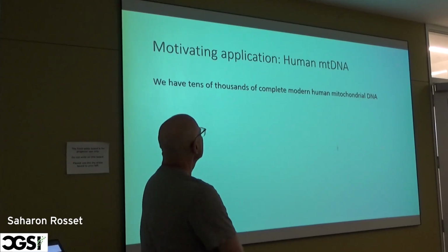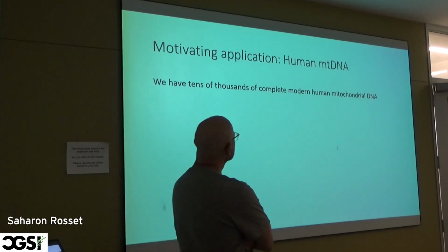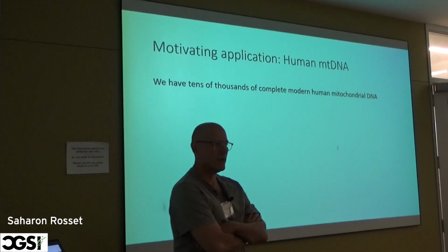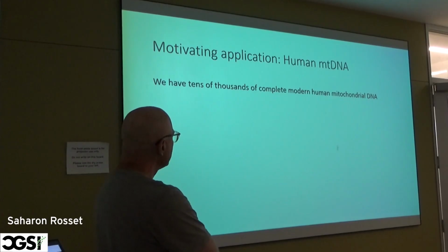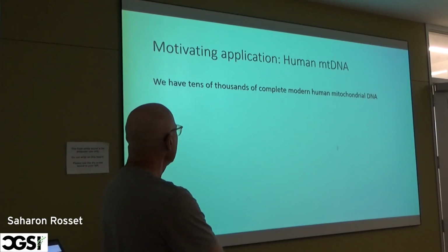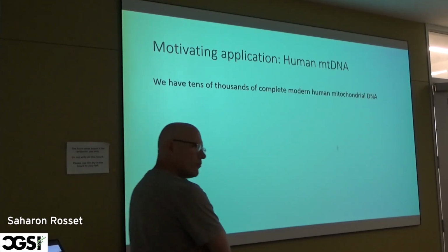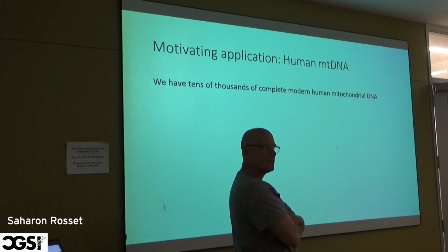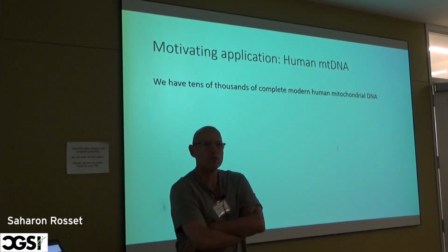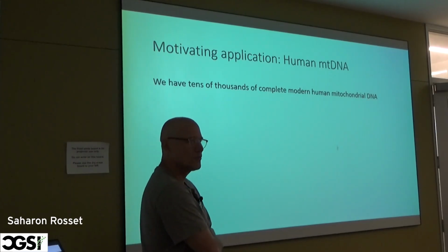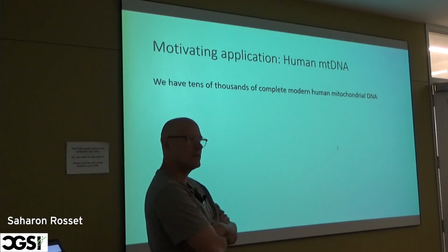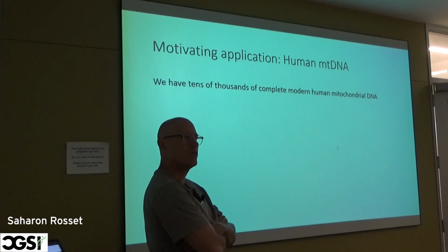the motivating application, or maybe the only application of this, is for analyzing human mitochondrial DNA. And what we have for the mitochondrial DNA in general is that it's non-recombining, it's maternally inherited. So one thing we can say about, say, mitochondrial DNA of all humans in this room and all humans in general is that it actually sits on a true phylogenetic tree.